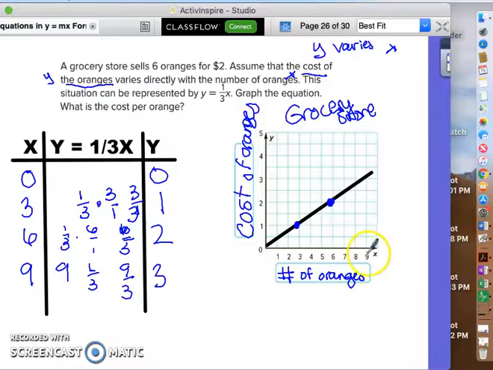Go over to 9 and up to 3. So what this means is I can buy 3 oranges for $1, 6 oranges for $2, and that's what it told us. I could have checked my math there too. 9 oranges for $3.